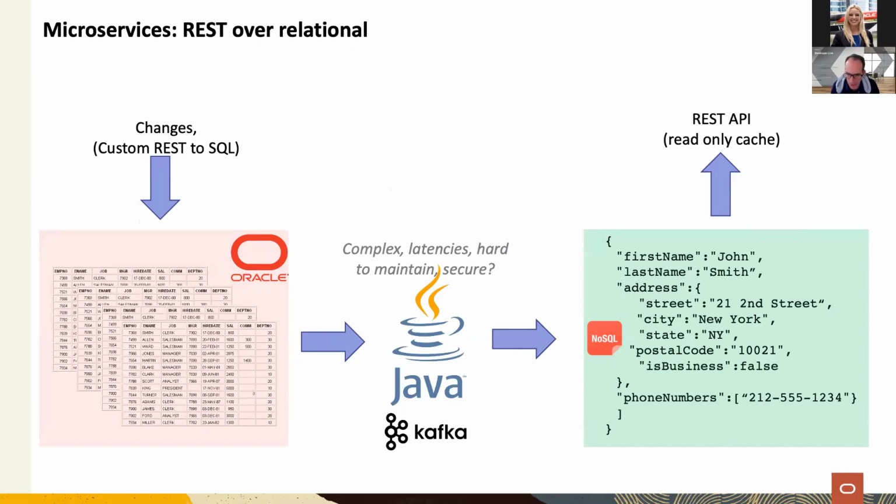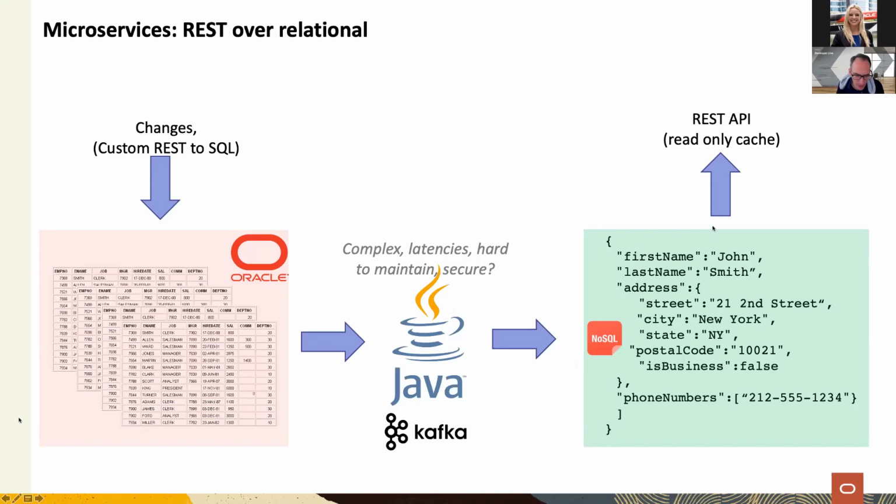So they started out with a dedicated NoSQL database product that supported JSON, and they wanted to use this as a read-only cache. They wrote a Java program that read the data from the tables, converted it into JSON, put the JSON onto a messaging bus, which then populated the NoSQL database, and then they could read a read-only cache of the same data there.